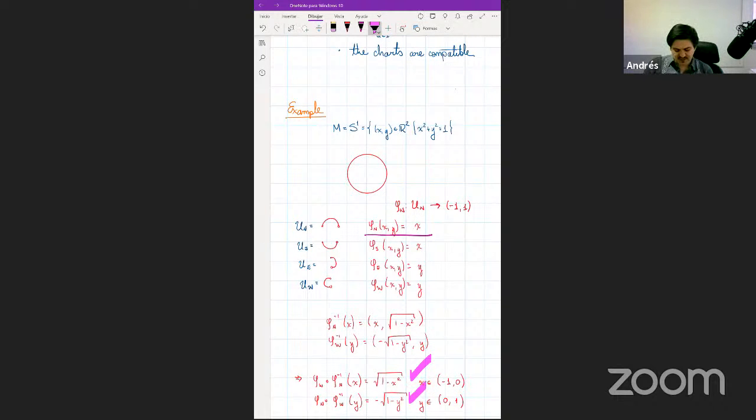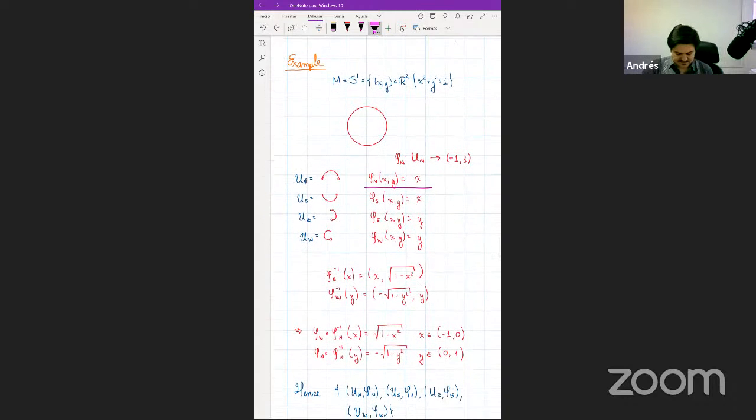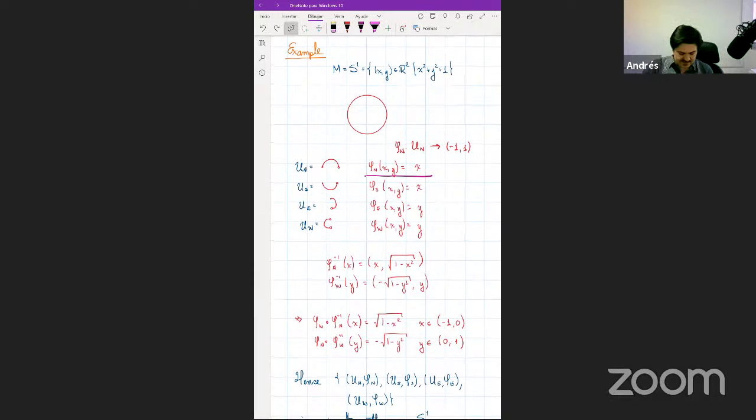And those 2 functions are smooth. You can take the derivative infinitely many times. So this and this, those 2 shards are compatible. Okay? Now, I only check these 2, but you can do it with the rest.